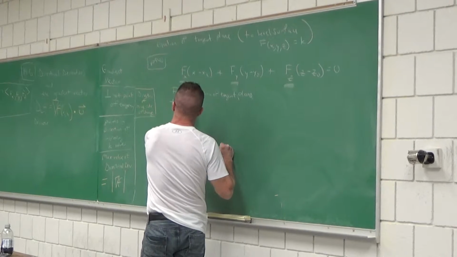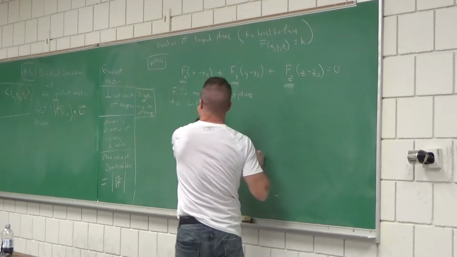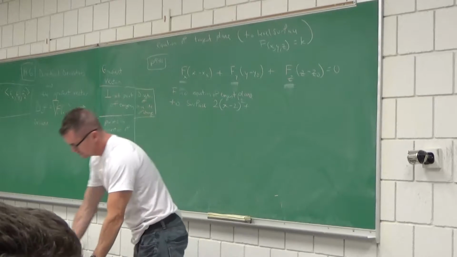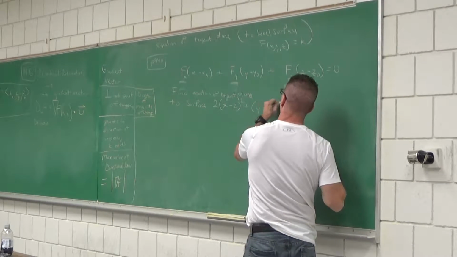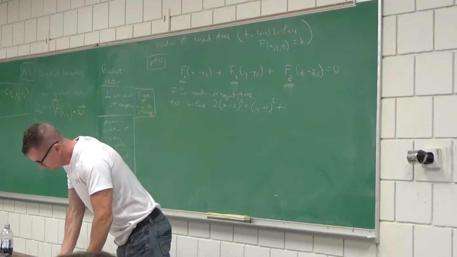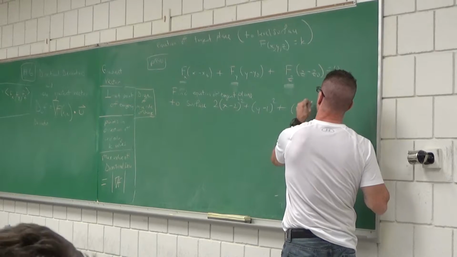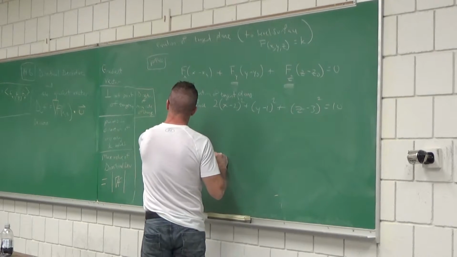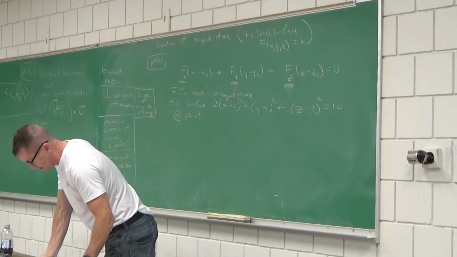Everyone, here's the surface: 2 times (x minus 2) squared plus (y minus 1) squared plus (z minus 3) squared equals 10. And the point? At the point (3, 3, 5).